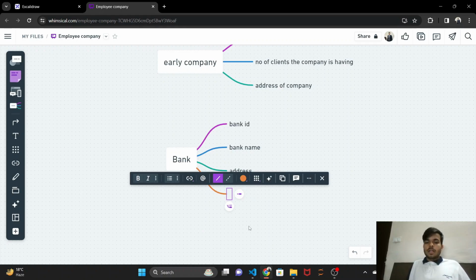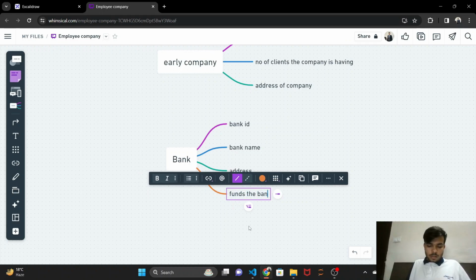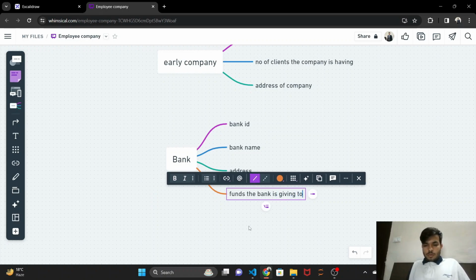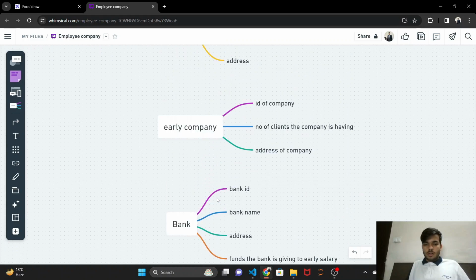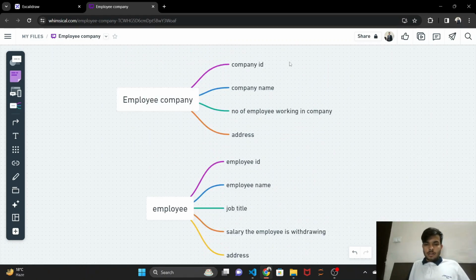So now the next attribute will be carrying information about funds the bank is giving to the early salary company. So now we have all our entities and attributes which are explaining more about our entities.